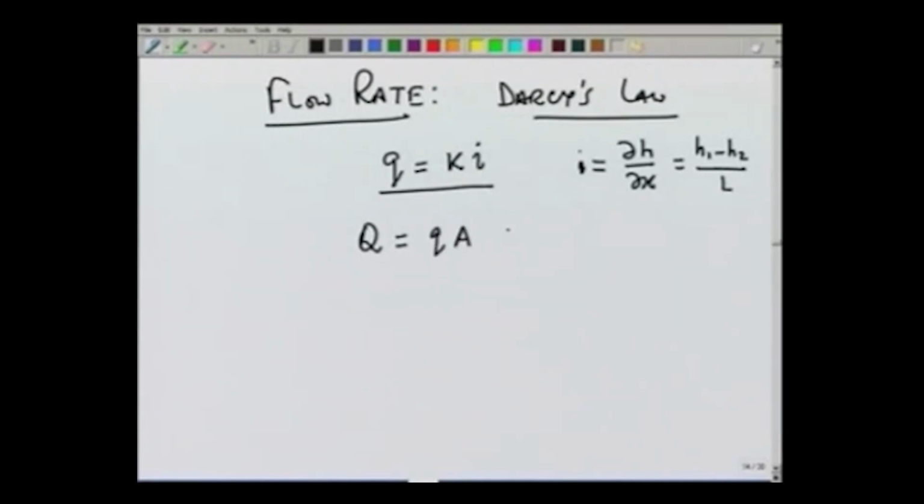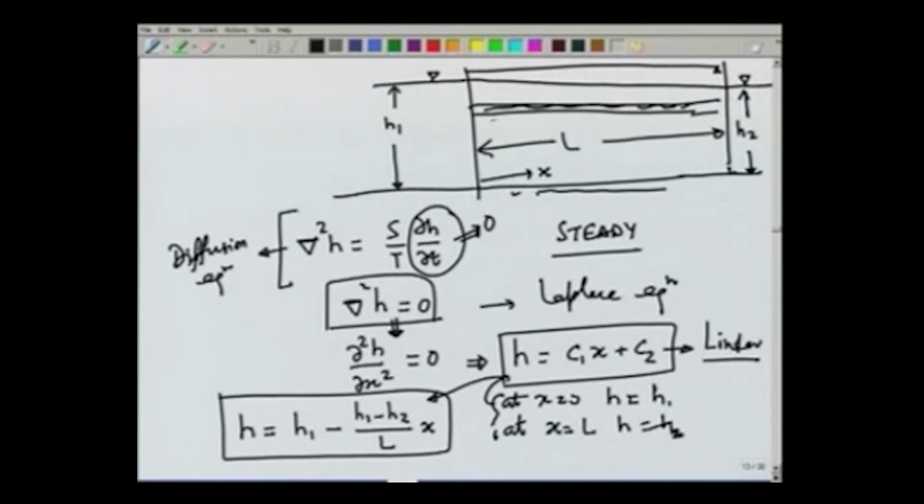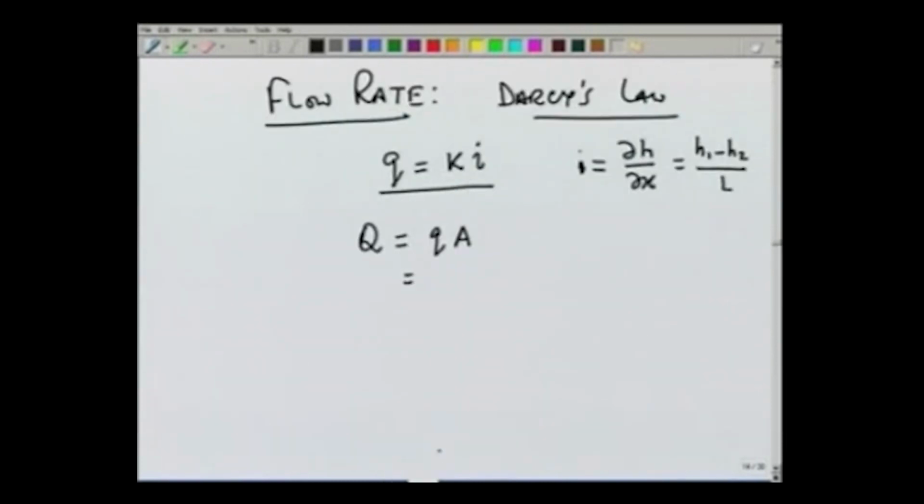If we consider unit width, then area will be equal to the thickness of the aquifer, which is B. So, we can write this as K into h1 minus h2 over L, into B.